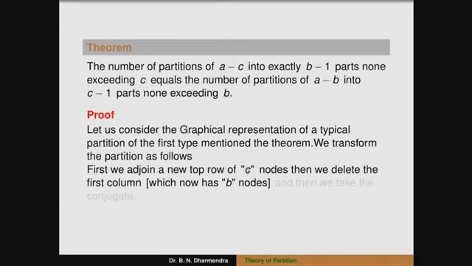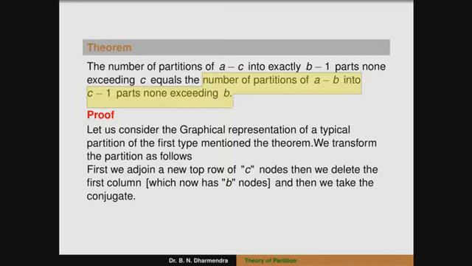When I delete the first column, we can then take the conjugate. So the result is equal to the number of parts of the partitions of A minus B into C minus 1 parts none exceeding B.